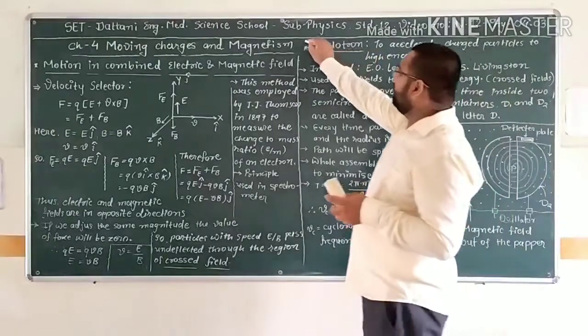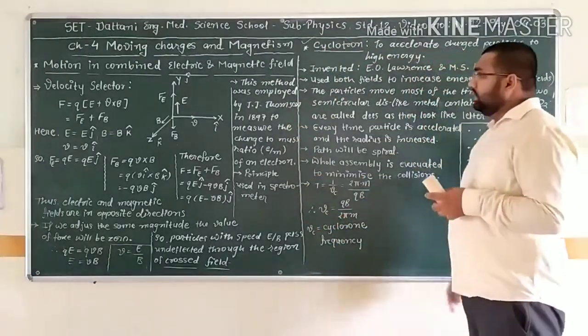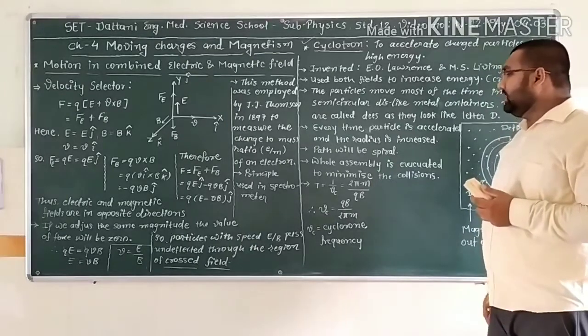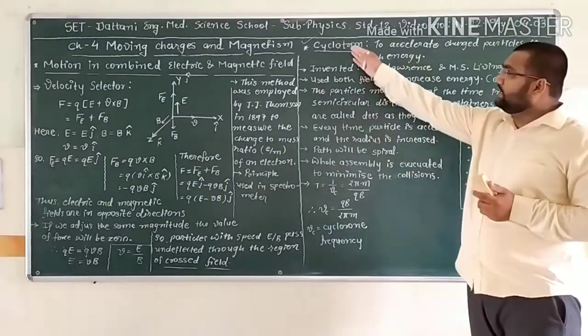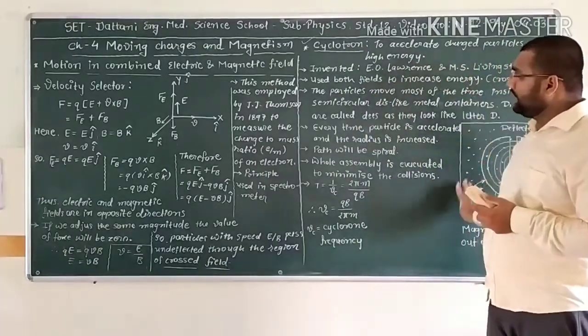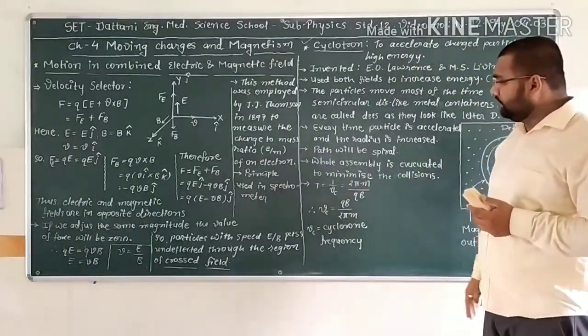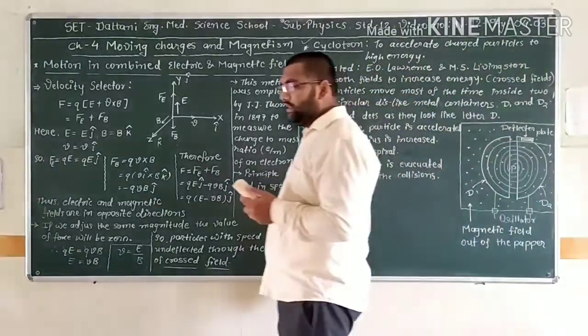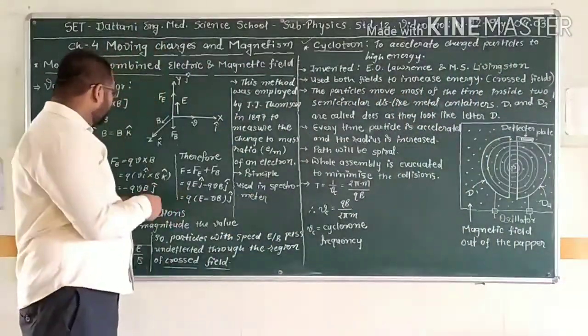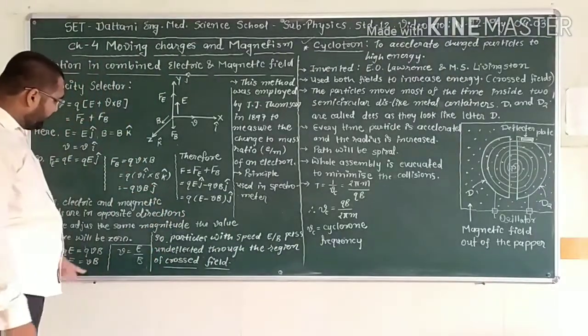You can start from here and end over here. So this is the 2 marks question, derivation of the formula of the frequency of a cyclotron.